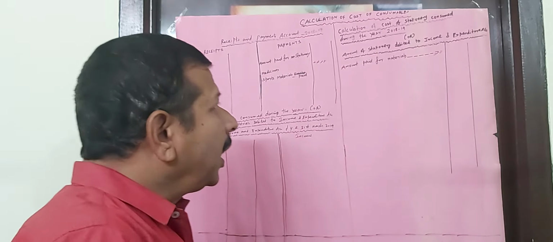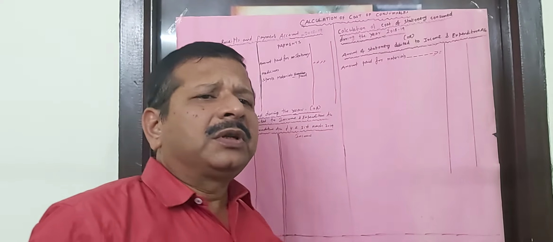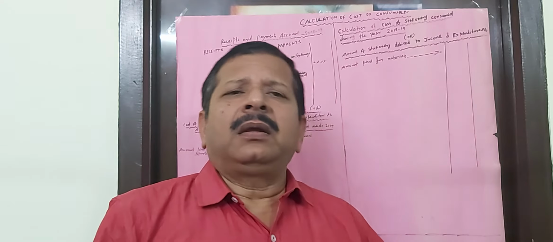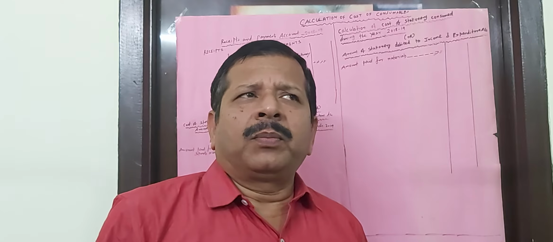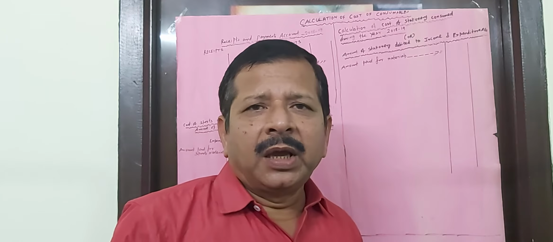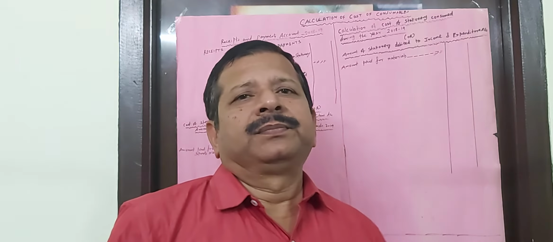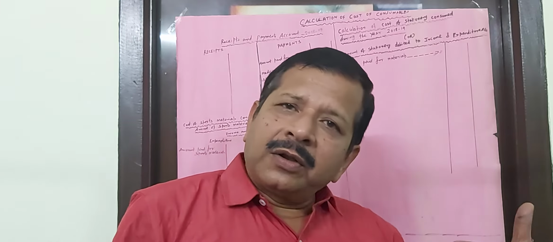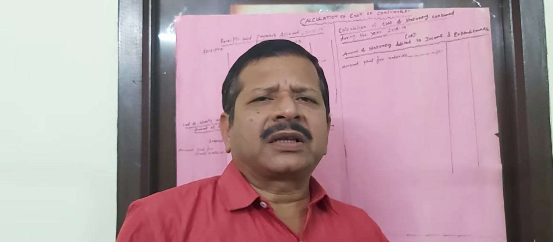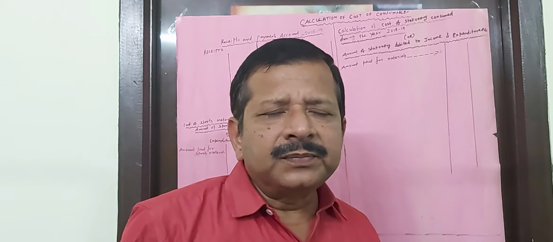This cost of consumables, what does it mean? Any asset or any goods we keep on using. We are using a building, we are using sports material, as in a not-for-profit organization, mostly these types of things will be there.